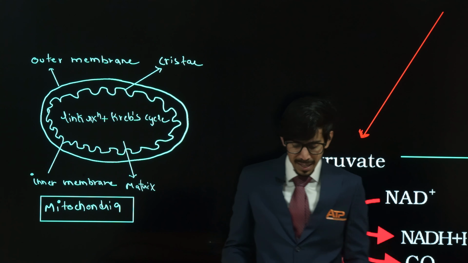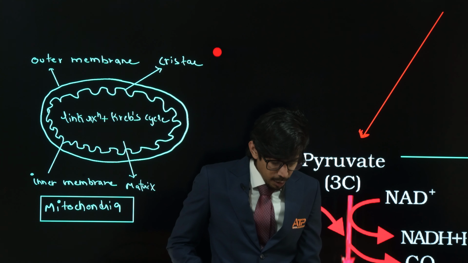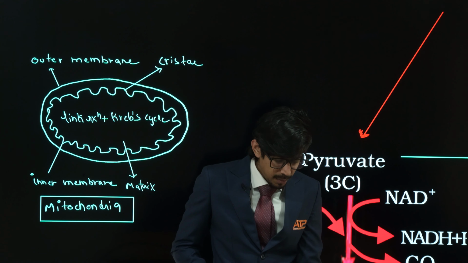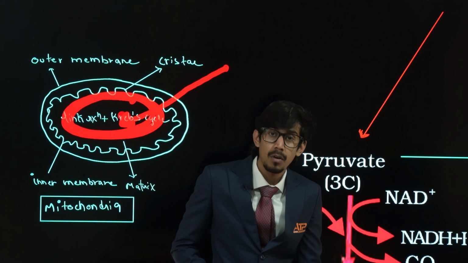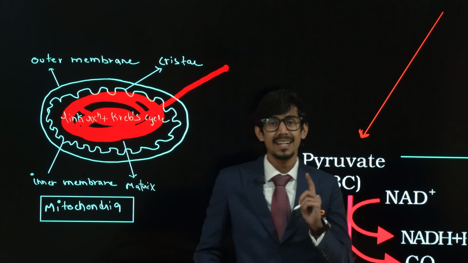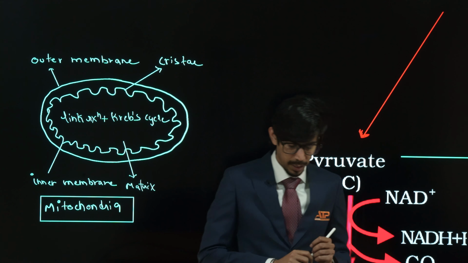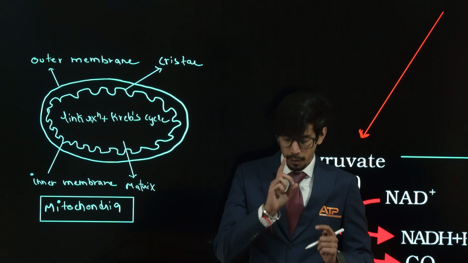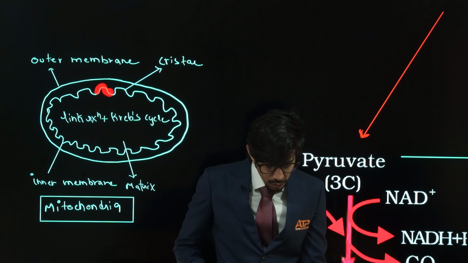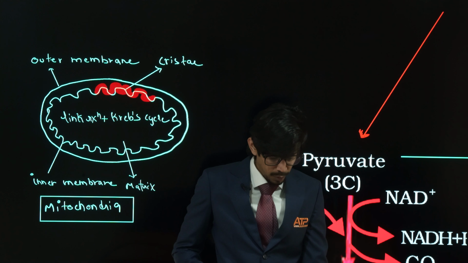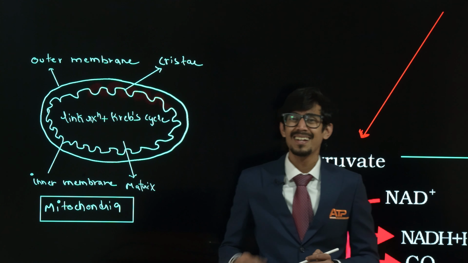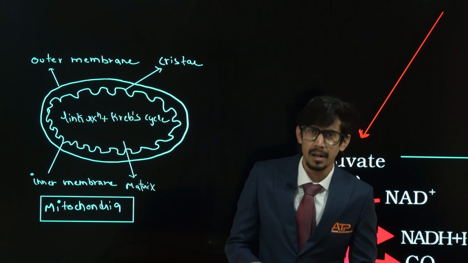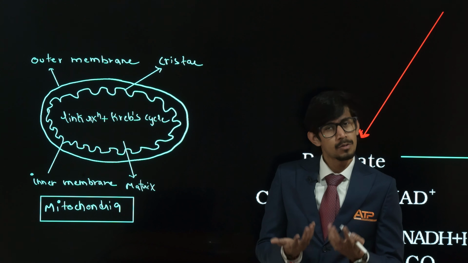So it's very obvious that the pyruvic acid which was formed in the cytoplasm has to be transported here into the matrix of mitochondria, where the link reaction and Krebs cycle is going to take place. Is it clear? One more thing, these infoldings of the mitochondria are called cristae, or some call it crista, right? So I call it cristae.